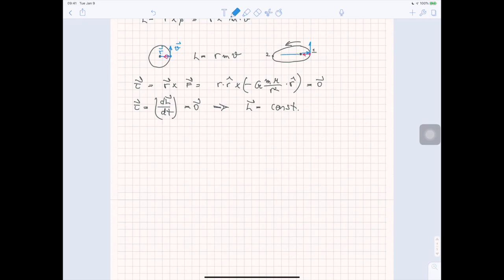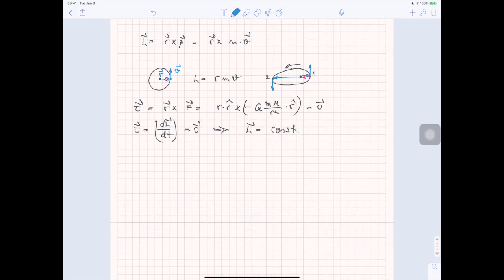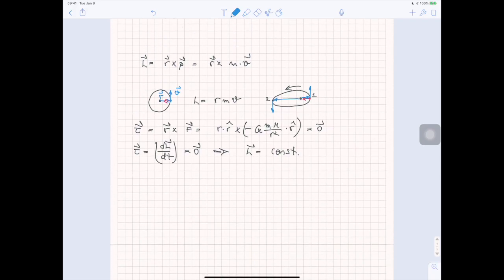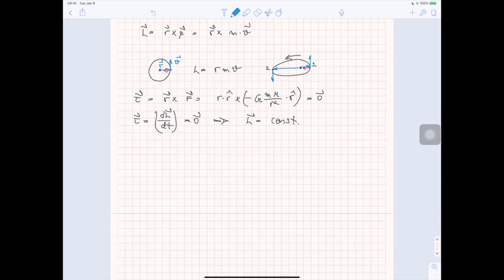And also at point 2, the location vector and the velocity vector are perpendicular. So in magnitude, it is r m v, and the angular momentum at point 1 and point 2 would be the same. So you can relate r and velocity at point 2 to r and velocity at point 1.